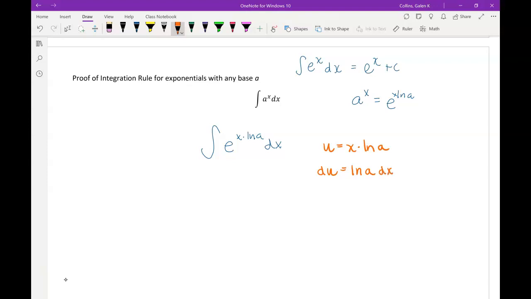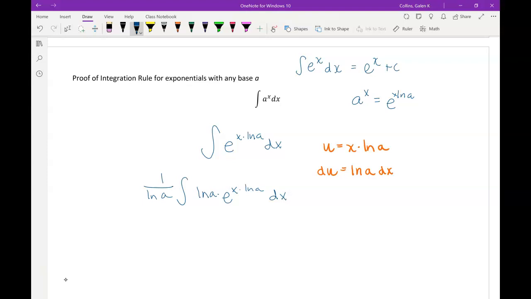So that means I need to create a constant multiplier. So in my integrand, I've got x times ln of a. I'm going to create that constant of ln of a that I need for my u sub, but out here I need to undo my constant.